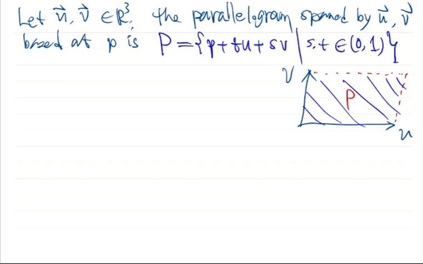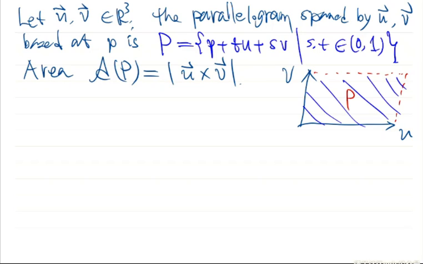You know that the area of P, denoted by A(P), is the norm of the cross product of U and V. This is well known.